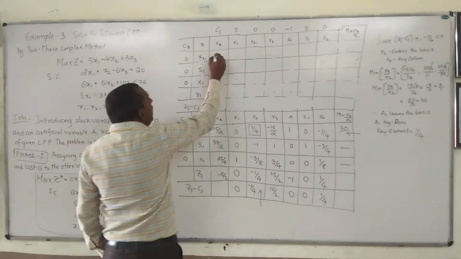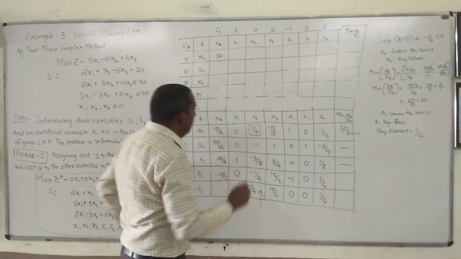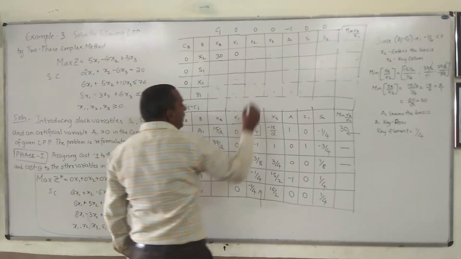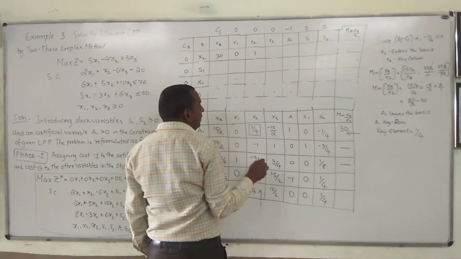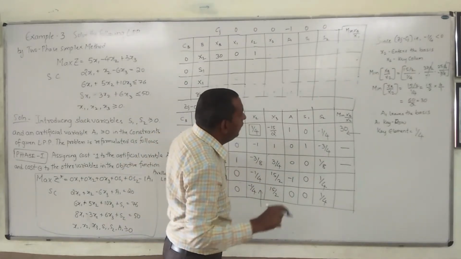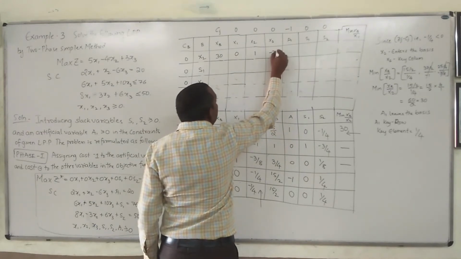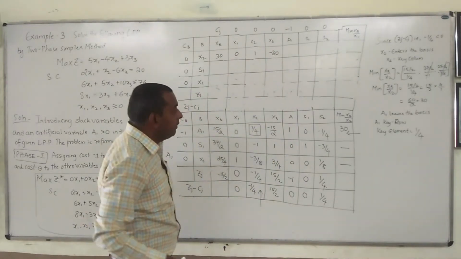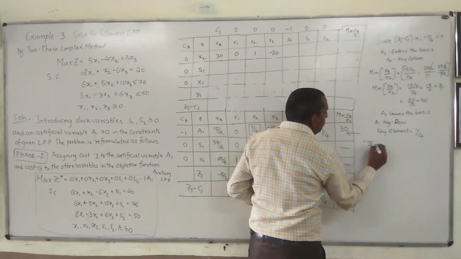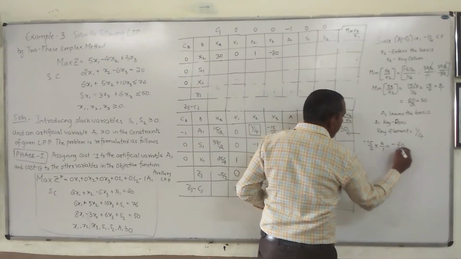So this is 30, because already we have calculated here, and then it is 0, then it is 1, then it is minus 15/2, that is, I think, minus 30. It is then followed by minus 15/2 into 4/1, that is minus 60/2.